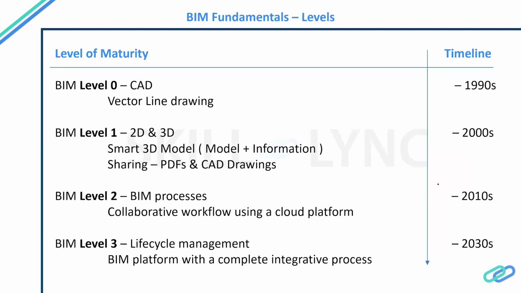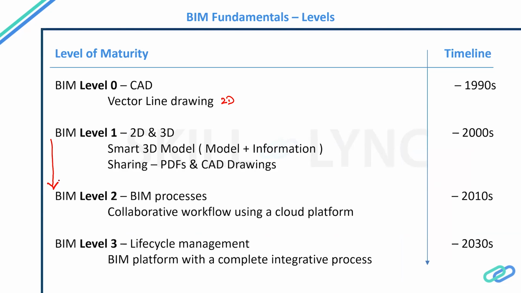And this talks about the different levels of maturity in BIM. As we saw earlier, 2D belongs to this level. There are different levels in increasing order: level 0, level 1, level 2, and level 3. Currently, the industry is shifting from level 1 to level 2.